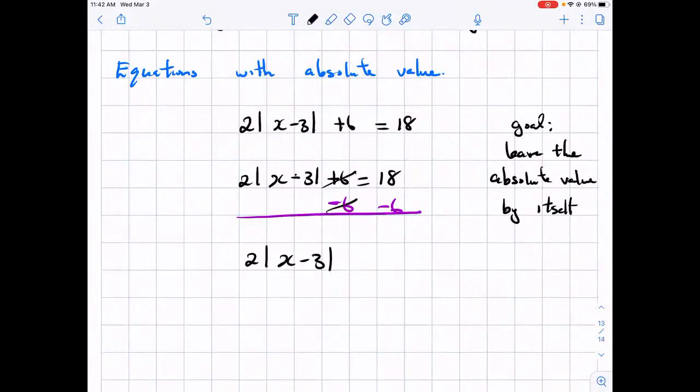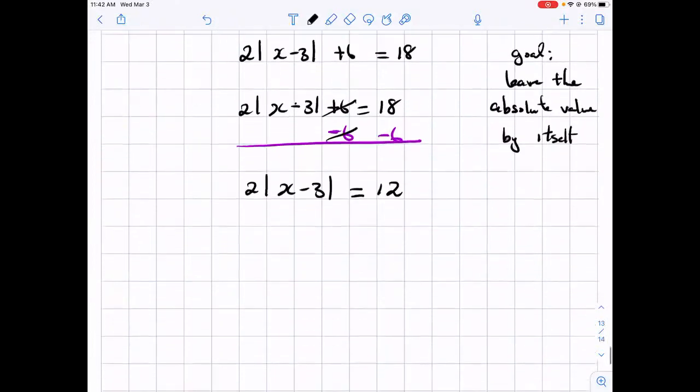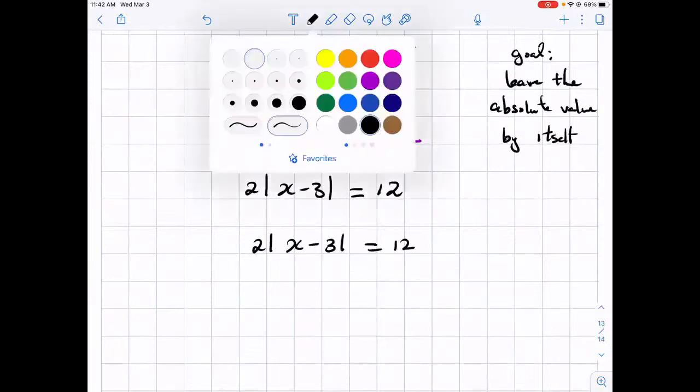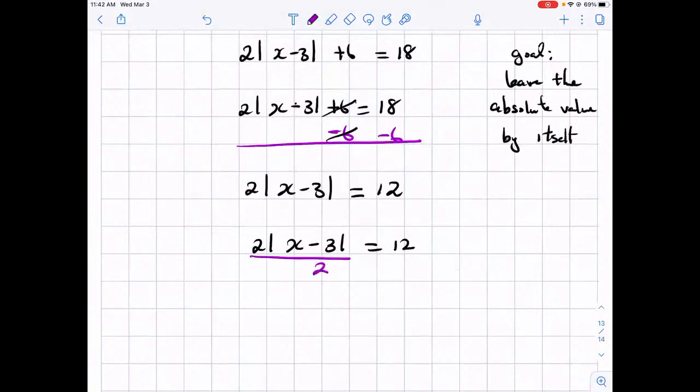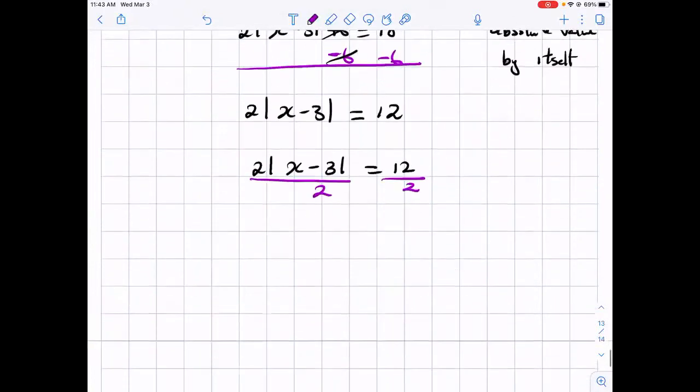The plus 6 and the minus 6 becomes 0, and 18 minus 6 is 12. And then we still have to leave the absolute value by itself. So now divide by 2 to get rid of that 2 on the outside. So the absolute value of x minus 3 is now equal to 6.